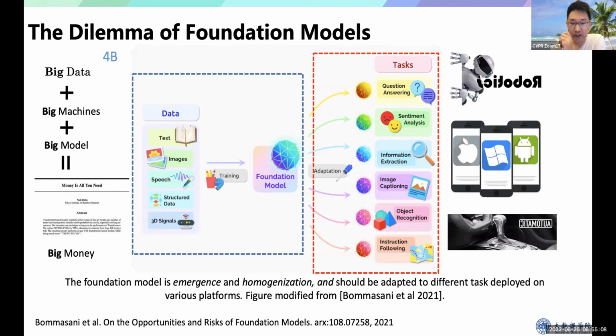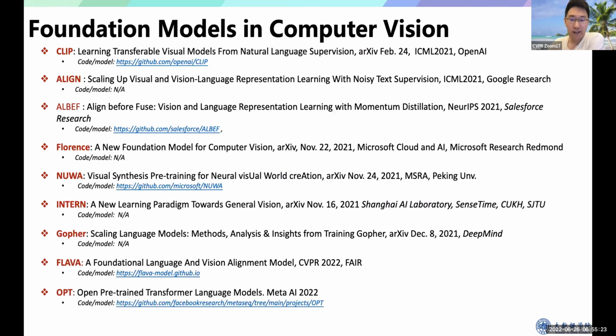So essentially, we want to compress or sparsify the foundation model for tasks like robotics, edge devices, and self-driving cars. There is a lot of great recent work on foundation models in the computer vision and machine learning communities.